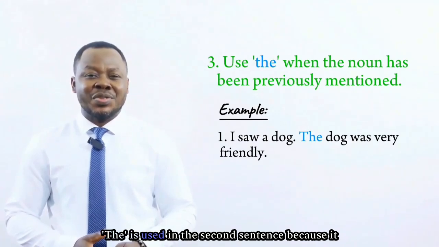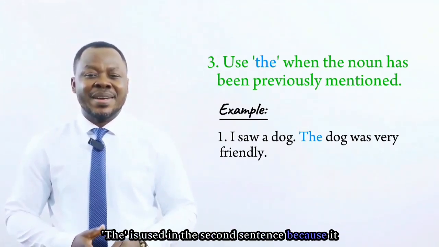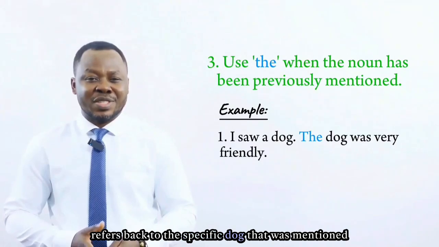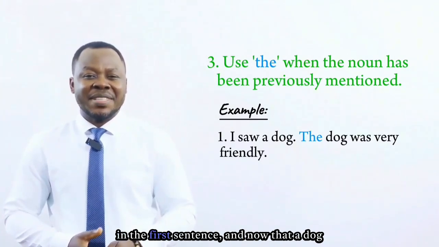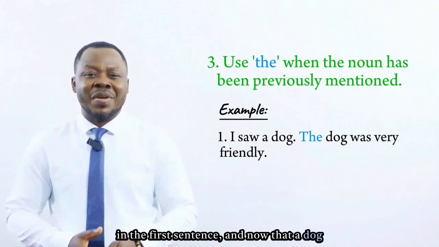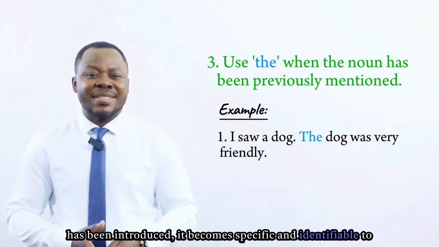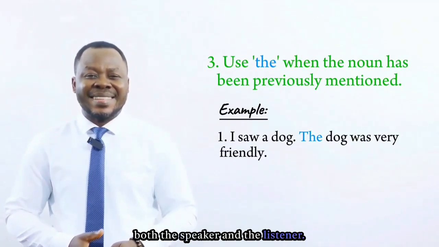The is used in the second sentence because it refers back to the specific dog that was mentioned in the first sentence. And now that the dog has been introduced, it becomes specific and identifiable to both the speaker and the listener.